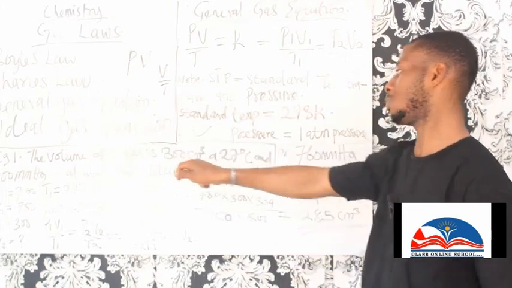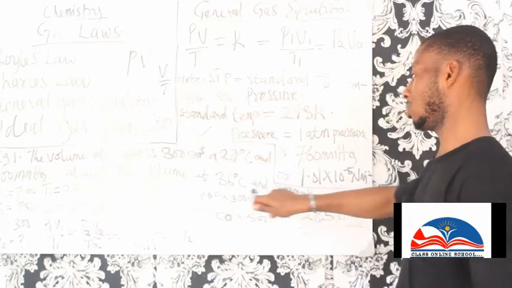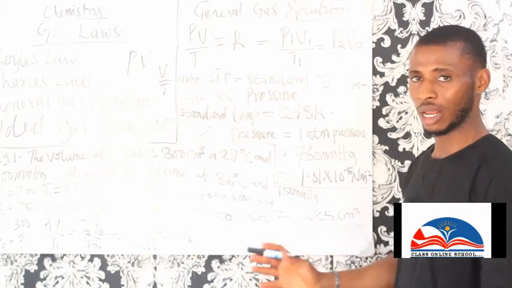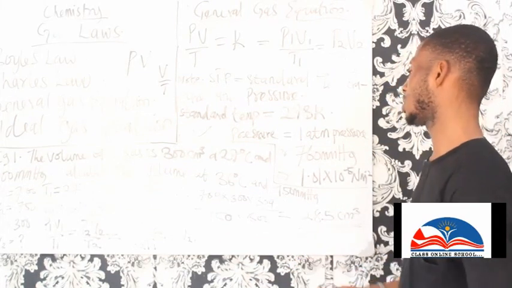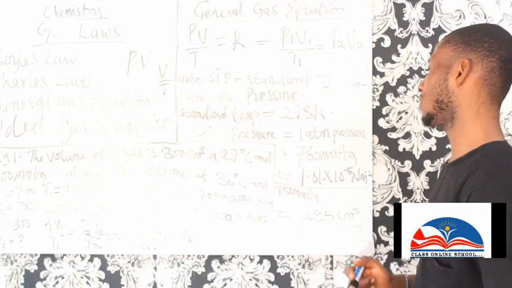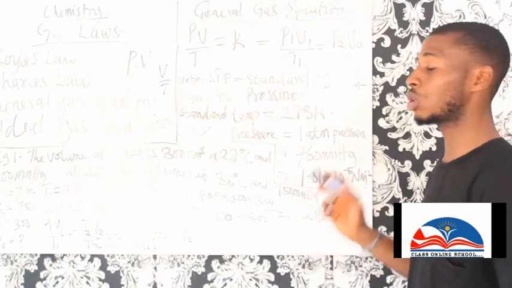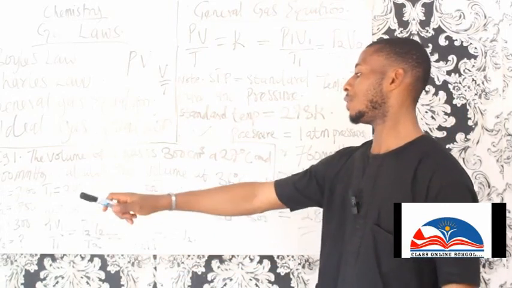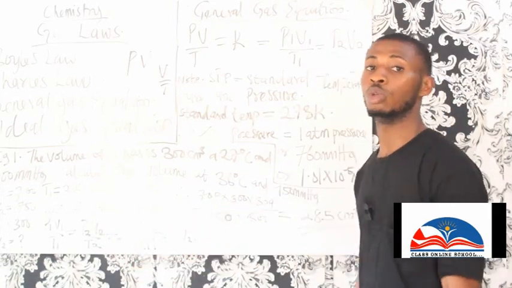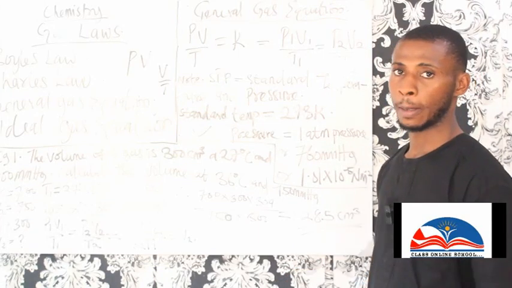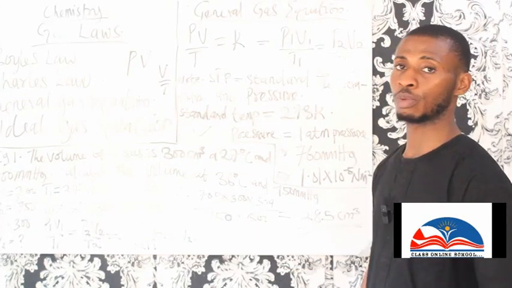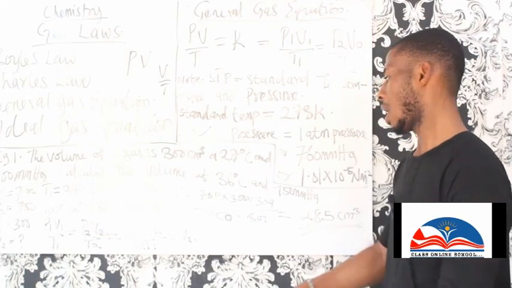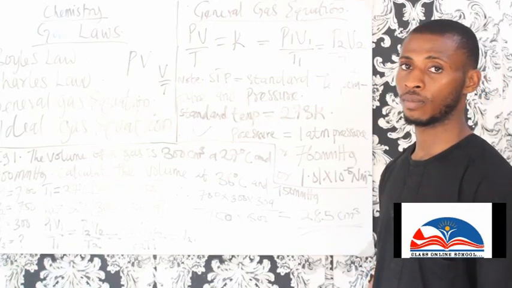They may give you the STP and give you the ones you're looking for, depending on how they want to rearrange it. But what I believe is the question does not fall outside find P2, find V2, or find T2. You must find one of them. Hope you are following. It's just simple. Cross multiply, make the unknown the subject of the formula, and you have your answer.